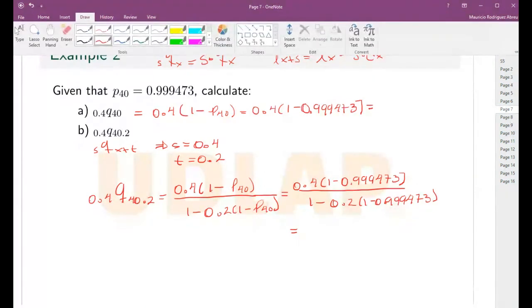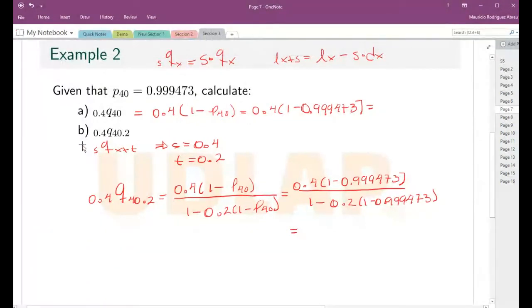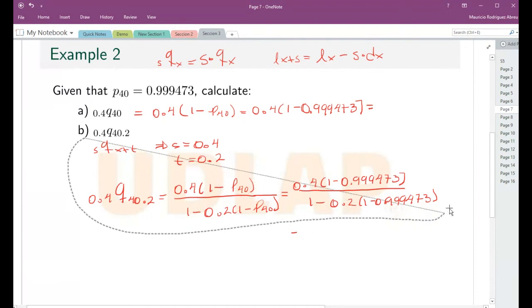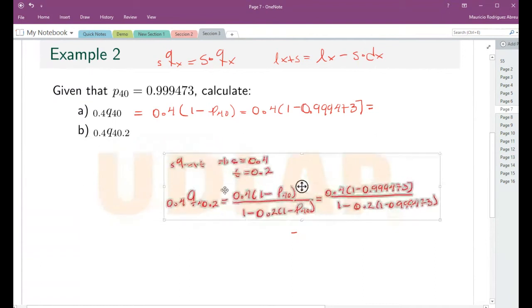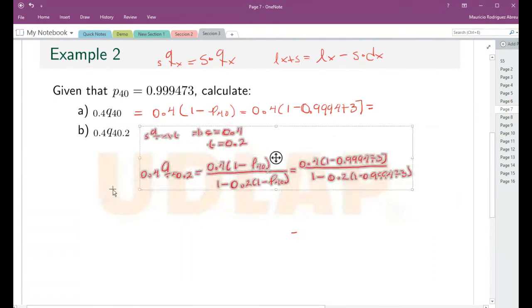So let me, I don't know if I have enough room, but let me see if I can just make this thing smaller. Yes, I can. Okay.